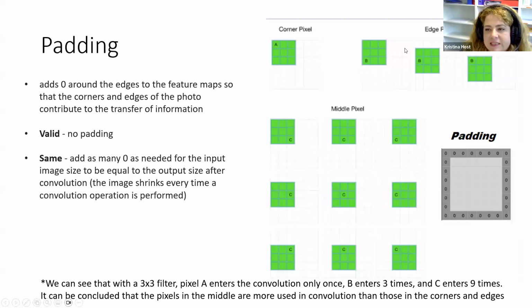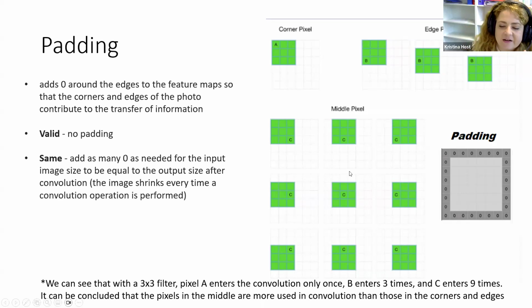Edge pixels will be taken into consideration 3 times. But if you look at some middle pixels with this 3 by 3 filter, it enters in convolution 9 times.